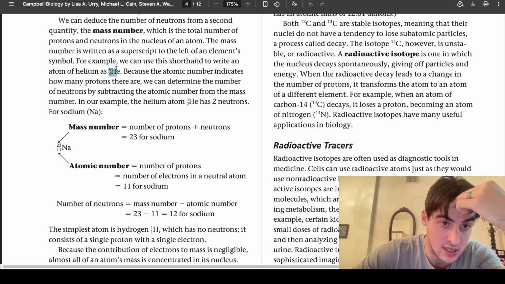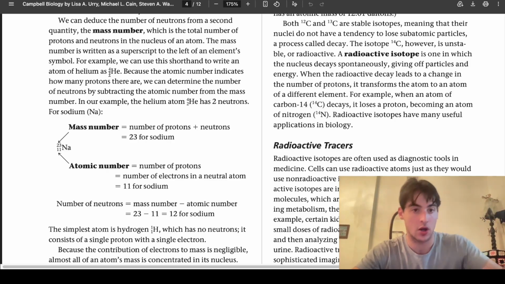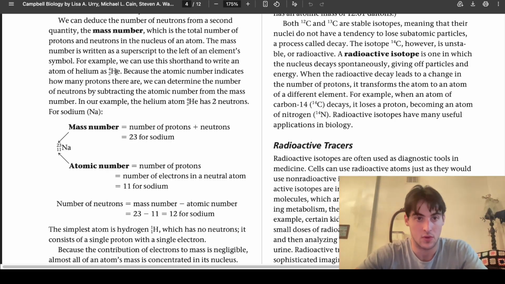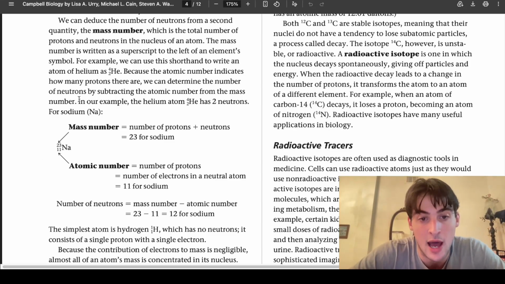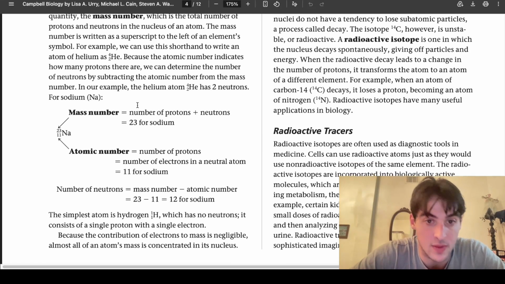So 4 is the total number of Daltons. 2 is the number of protons, so that means there's 2 neutrons in helium. In our example, the helium atom 4 2He has 2 neutrons. Cool. All right, so after getting it wrong, we got it right.